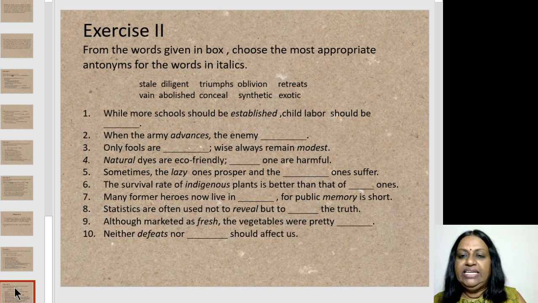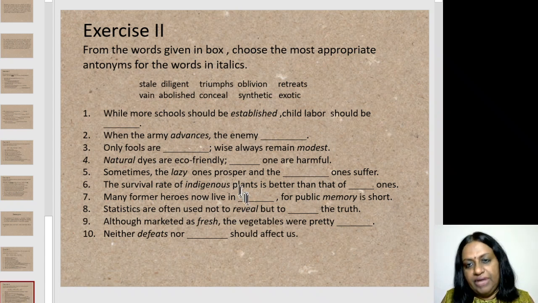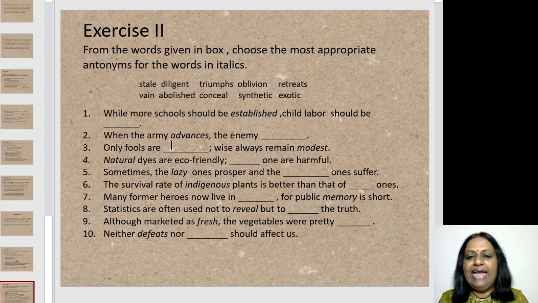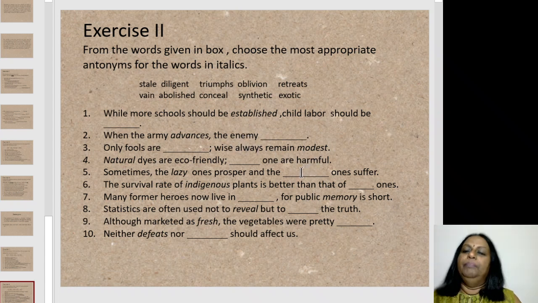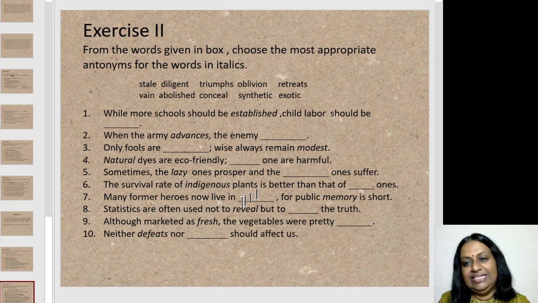Okay, so we have been given a word in italics in the sentence, and we have to pick the most appropriate antonym or opposite and fill in the blank. Again, like I told you before, let's read the words for fluency and then look up the meanings of the words for accuracy, and even the words in italics you can look up their meaning, so it becomes very easy for us to fill in the blanks.